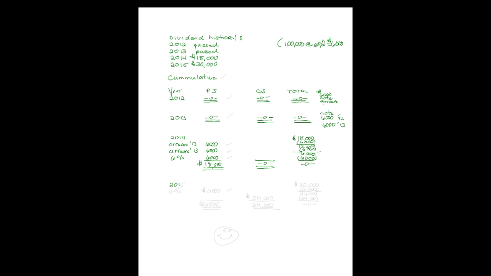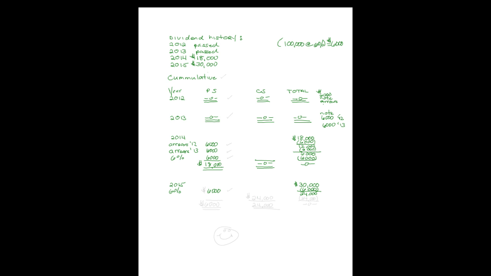Finally, 2015. We have a decent dividend paid, and it's another one, two in a row. That's helping things out. $30,000. 6% is going to go to the preferred stockholders because they get their amount paid ahead of the common stockholders. That leaves $24,000 left.